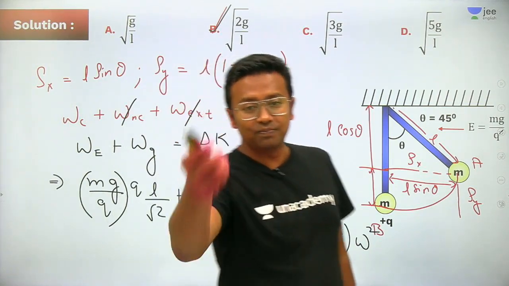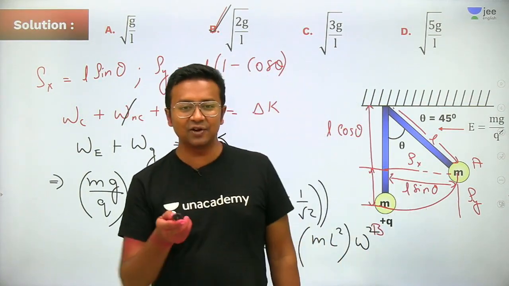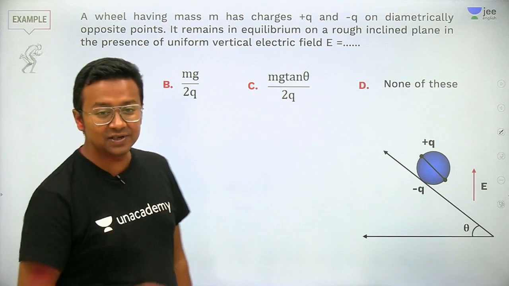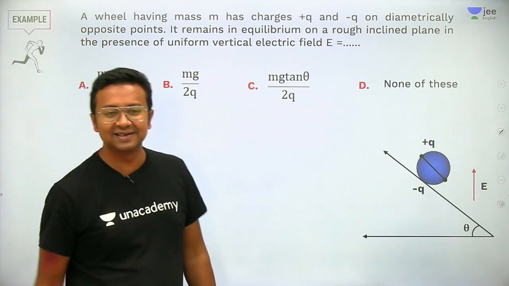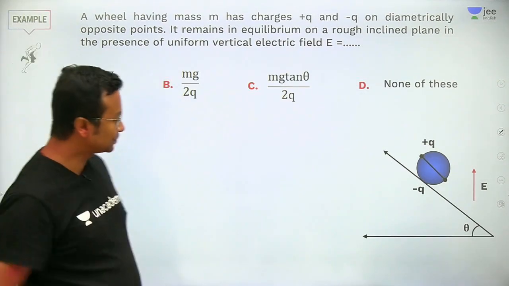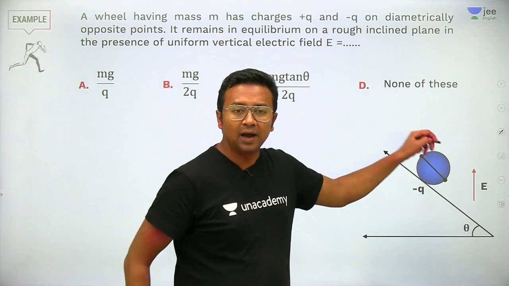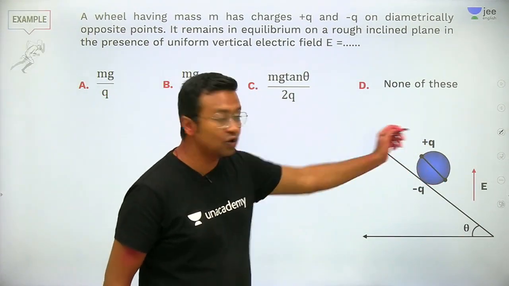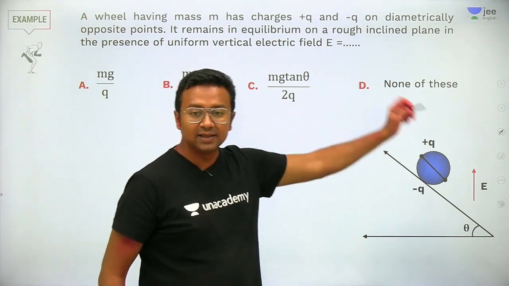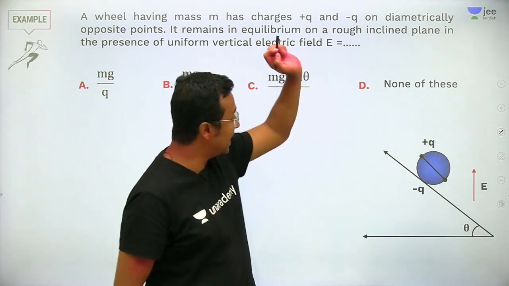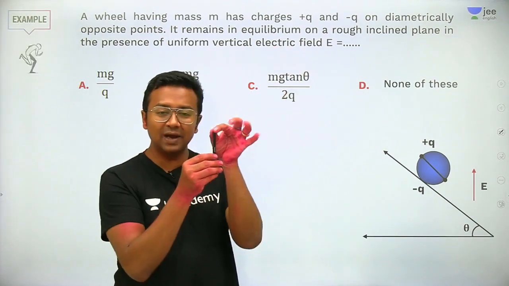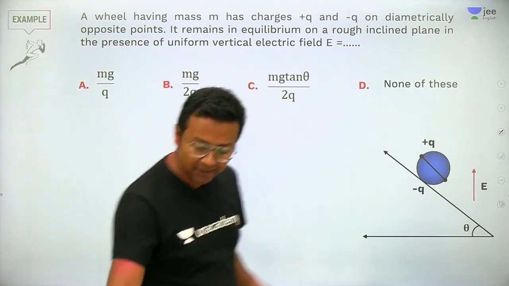Okay, some really good questions are waiting for us, so let us look at them. Now this question is a super interesting question. You've got a wheel, and it has a mass of m. This wheel has two charges. Let me draw it for you.